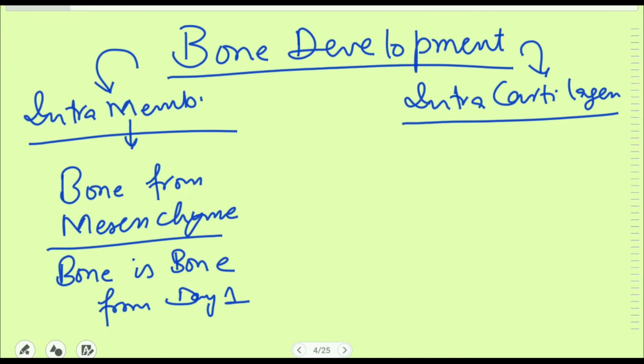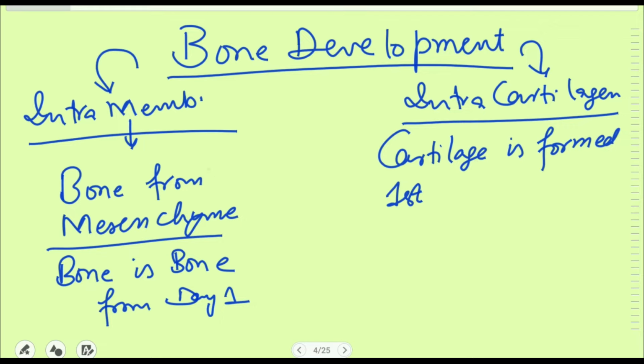What is intracartilaginous development? Cartilage is formed first from the mesenchyme.